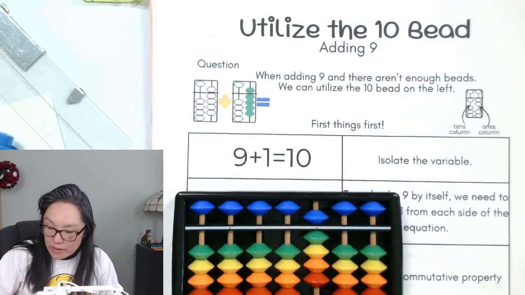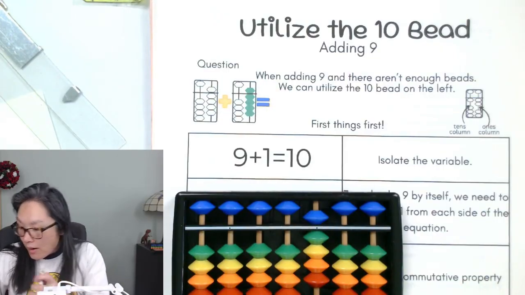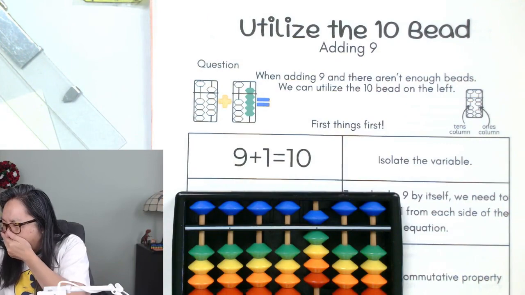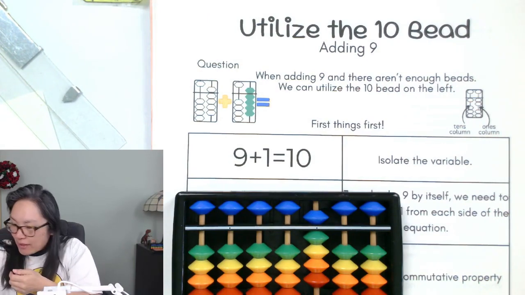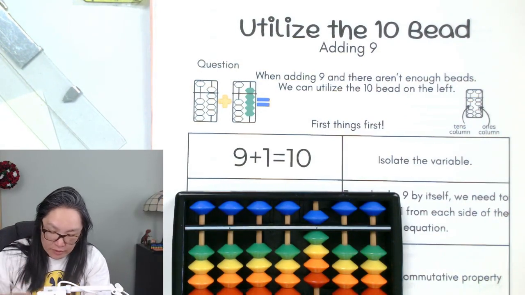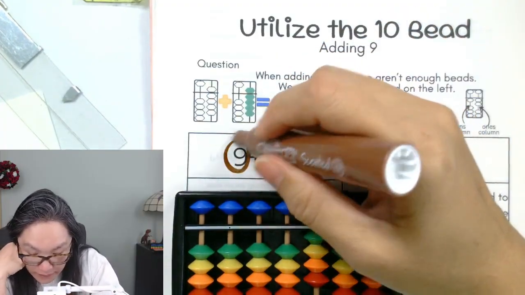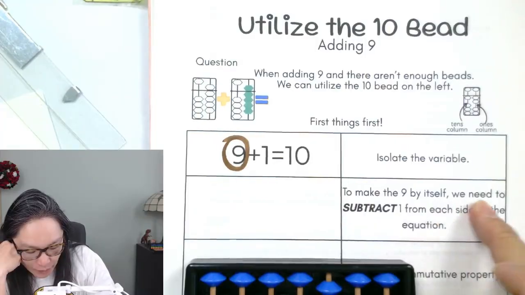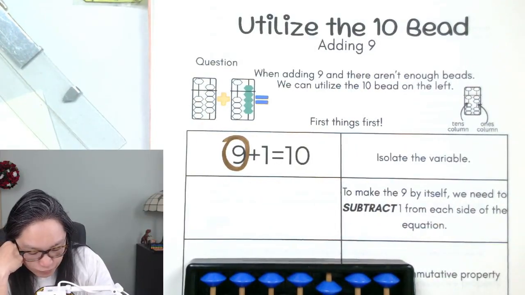So what we do is, again, we're going to supercharge it. Level up. That means we're going to isolate the variable, because we need to add the 9. Because we need to add the 9, what are we going to do? We need to subtract 1 from each side.